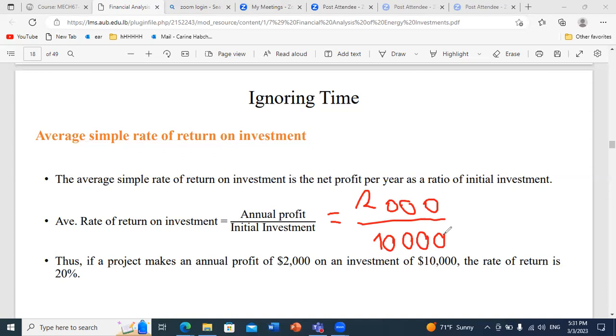So here, for example, you can directly deduce that if the average simple rate of return is constant, then in 5 years we can pay back our initial investment. Sometimes the annual profit will not be constant. So this rate can vary for each year. You can have a certain rate.